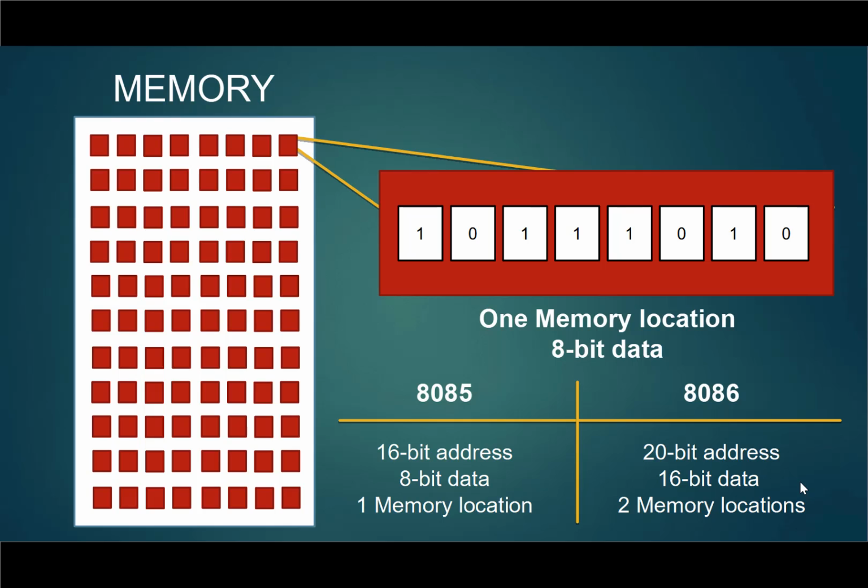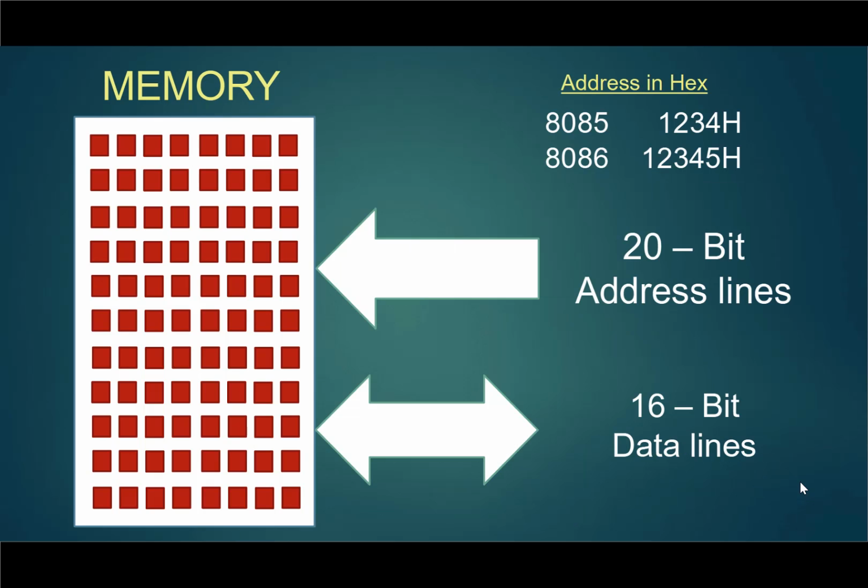So in the 8085 microprocessor, since it has only 8-bit data lines, it can access only one memory location. But in 8086 you have 16 data lines, so it is able to access 2 memory locations at a time. This makes 8086 much faster, much more powerful than 8085.